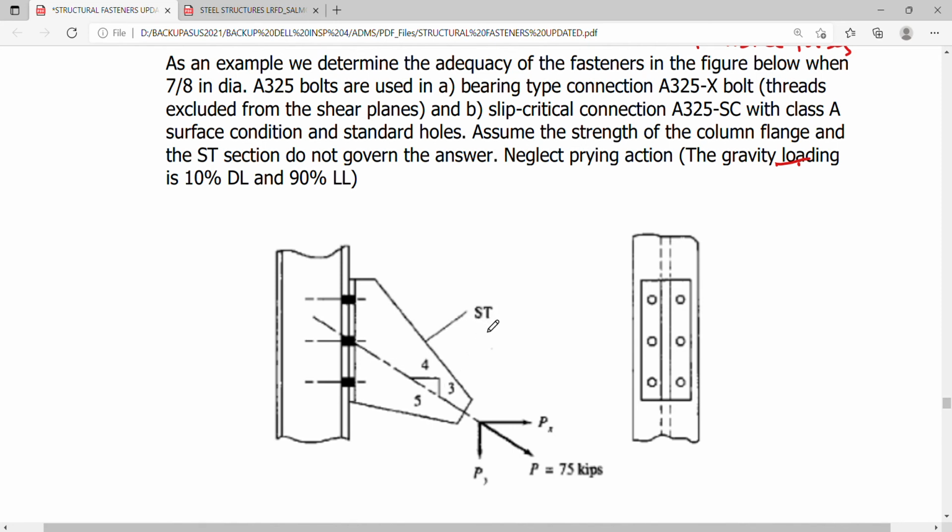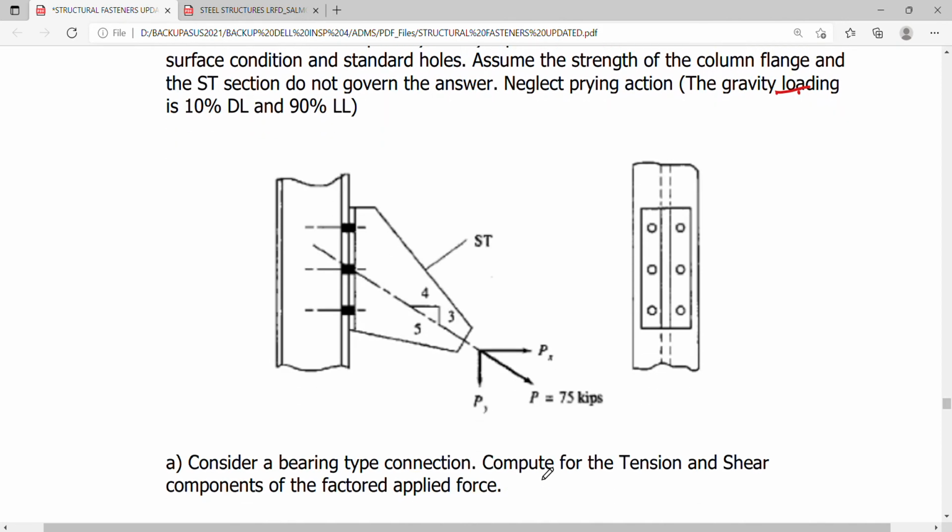This is a standard T section used as your connection member or connector. With this angle 3-4-5, we can therefore solve for the components of your tension force P here, which is 75 kips. We have 1, 2, 3, 4, 5, 6 bolts in total, 3 on one side of the flange, and on the other side of the flange we also have 3.